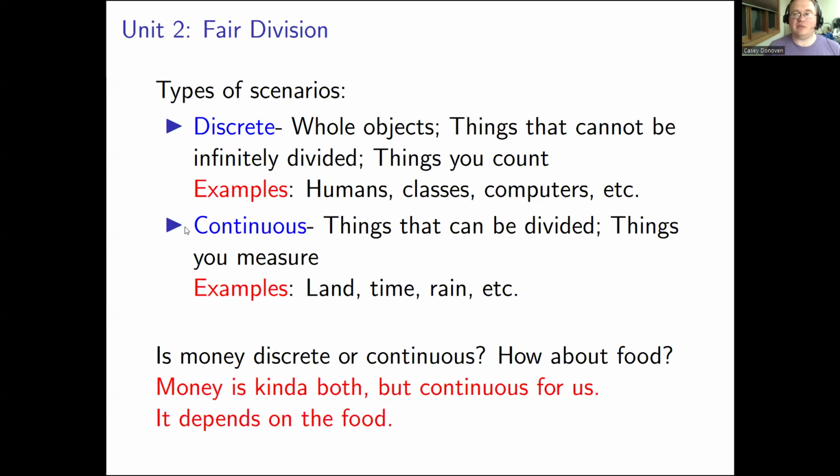But if I'm talking about spaghetti, I would probably not say I want 1 spaghetti or I want 5 spaghetti. I'm going to tell you an amount. I want 1 bowl full. I would like to order, say, 1 pound of spaghetti to split up. Spaghetti would be something that you would measure. So depending on the food, it might either be discrete individual objects or it might be more of a continuous thing.